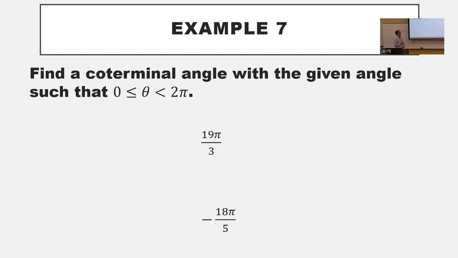You can do the same thing with radians. This one I will write on the board. Take 19 pi over 3 and create a coterminal angle between 0 and 2 pi. And then we'll do the same thing with negative 18 pi over 5.